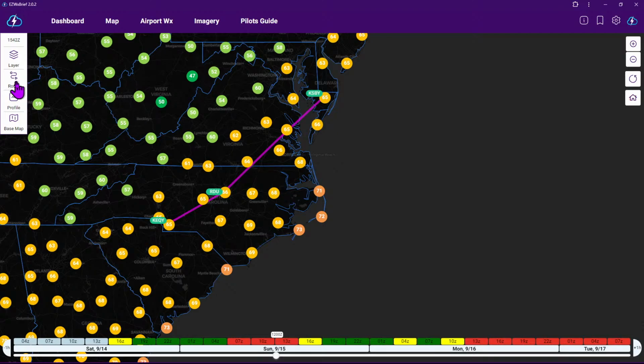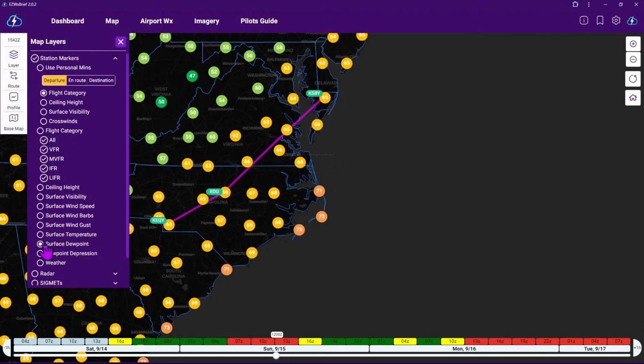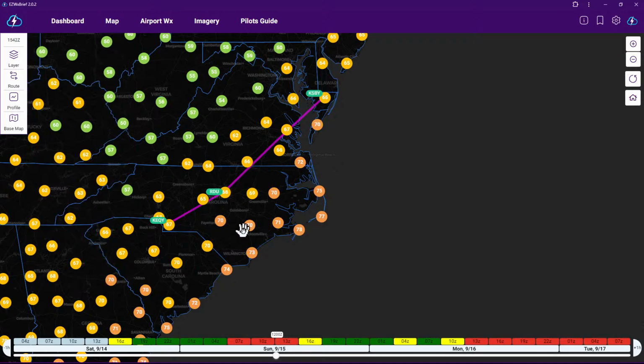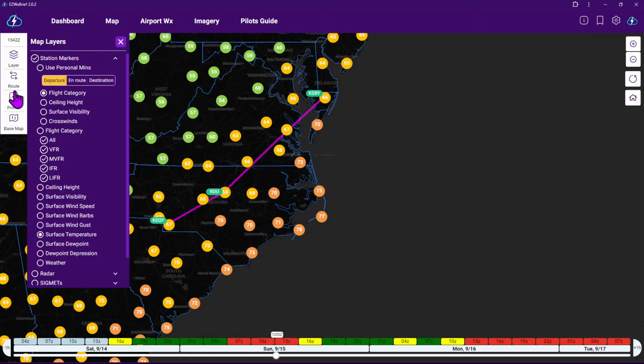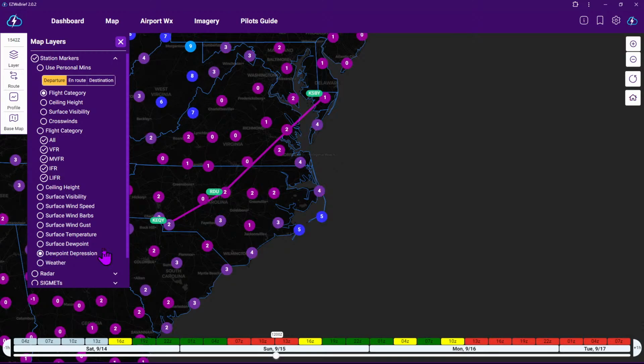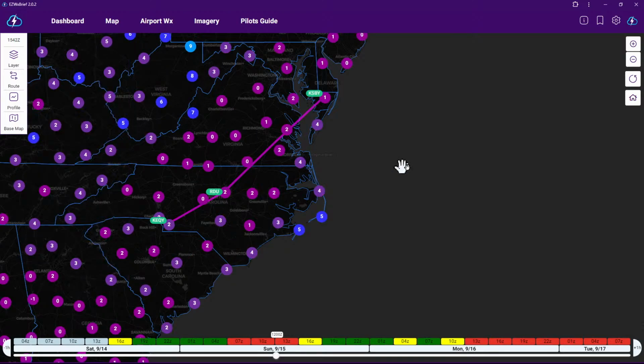Now, if we look at the temperature profile for tomorrow morning, let's go back to the layer selector and we'll select the temperatures. It doesn't look like they changed a whole lot, and that's just generally because the temperature and dew point are pretty much very similar. We can look at that dew point depression, which is the temperature dew point spread. And this is essentially in degrees Fahrenheit.